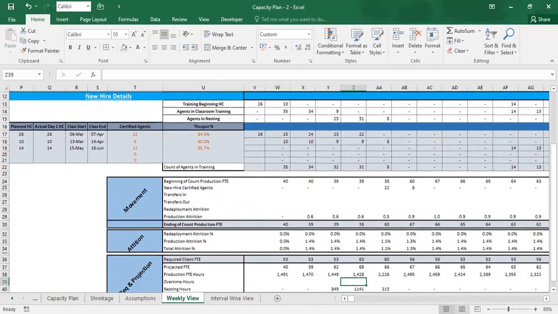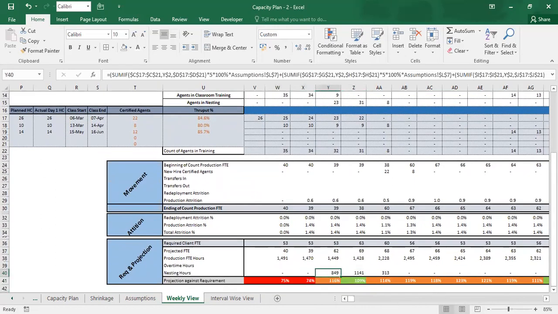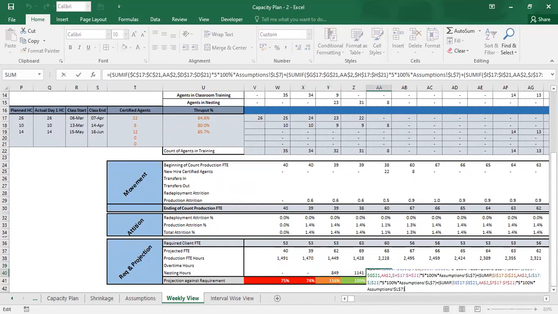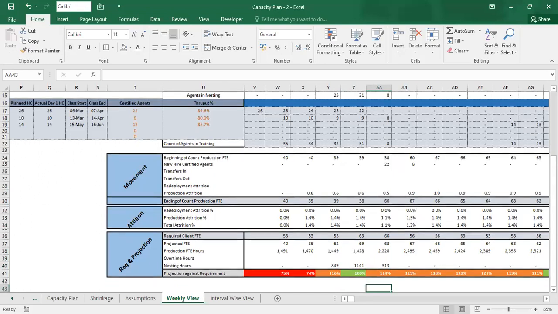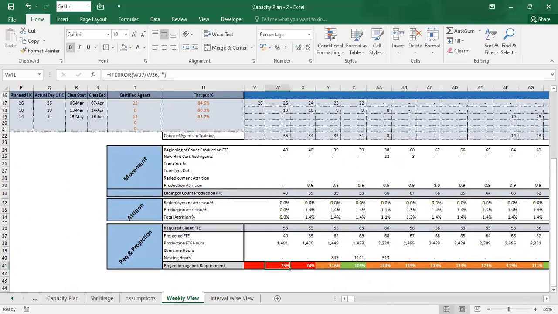And here you can see the nesting hours, the hours delivered by the agents, and this is the projection against the requirement.